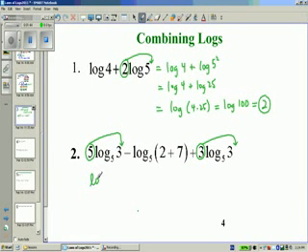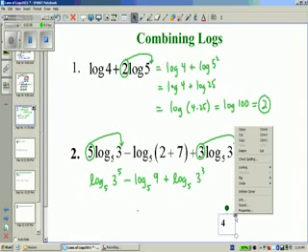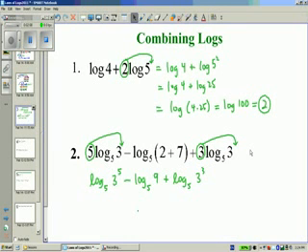So that's going to give me log base 5 of 3 to the 5th minus log base 5 of 2 plus 7 is 9 plus log base 5 of 3 cubed. And I'm not sure what that 4 is doing there, so we'll just get rid of it.